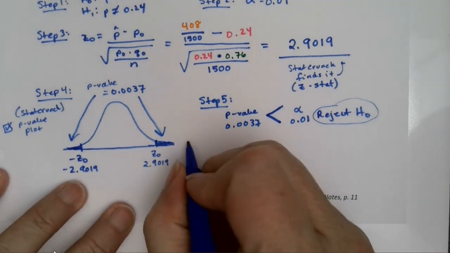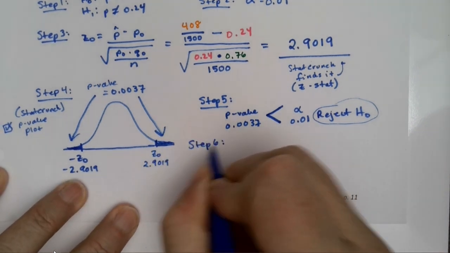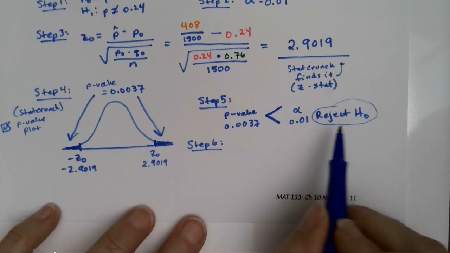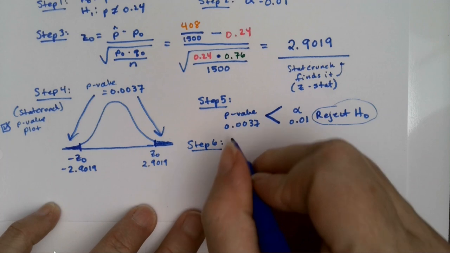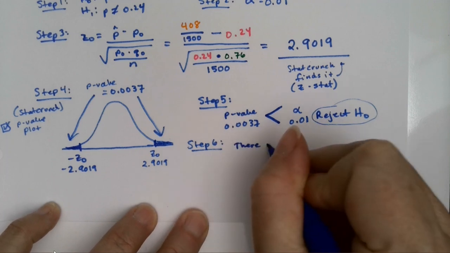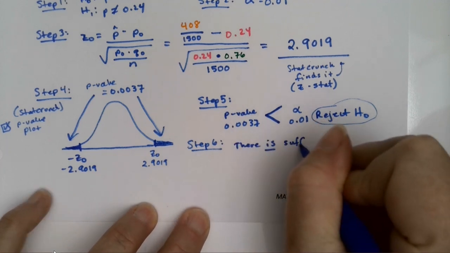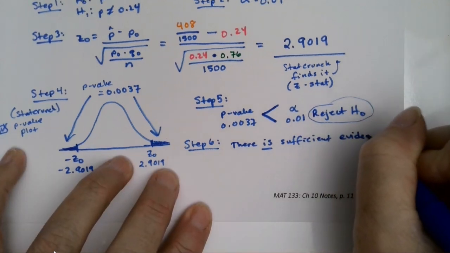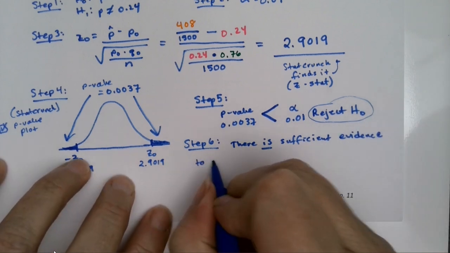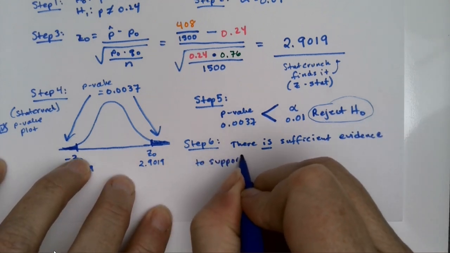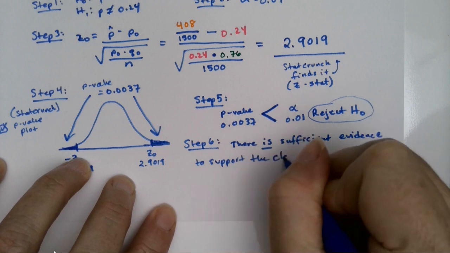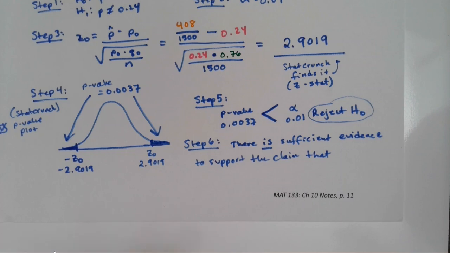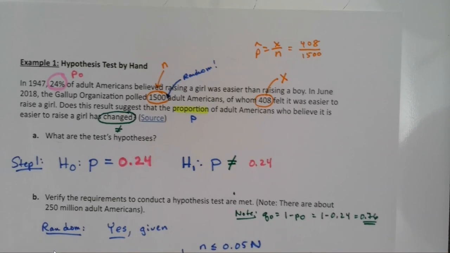All right, now time for step 6. Before my pen runs out of ink here. So when we reject H0, we learned in section 10.1 there's a script. So we say there is sufficient evidence to support the claim that... And then the claim itself, you kind of have to go back up to the paragraph and figure out what it was.